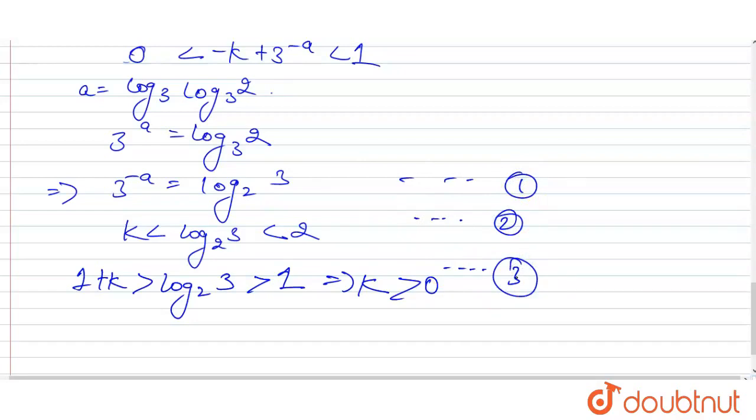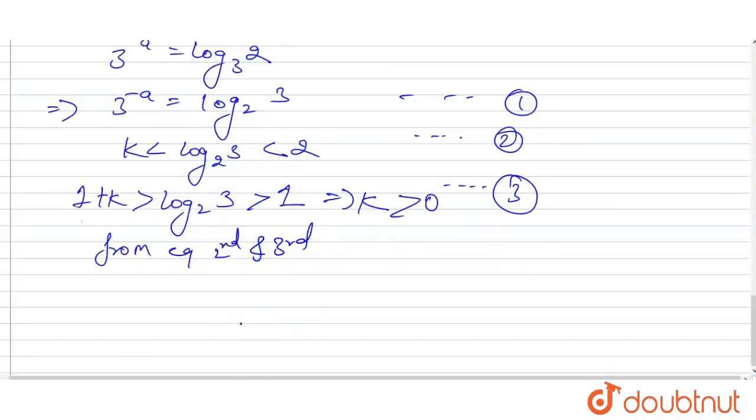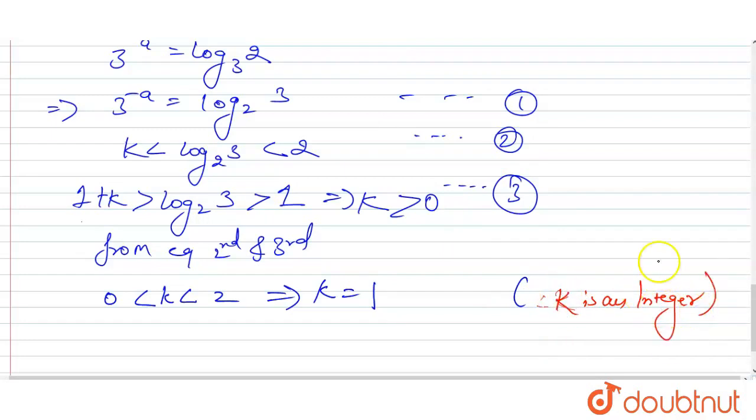Now from equations second and third we will get 0, k, 2, k is equal to 1, where k is an integer. Okay, therefore we can write that k is an integer, right?